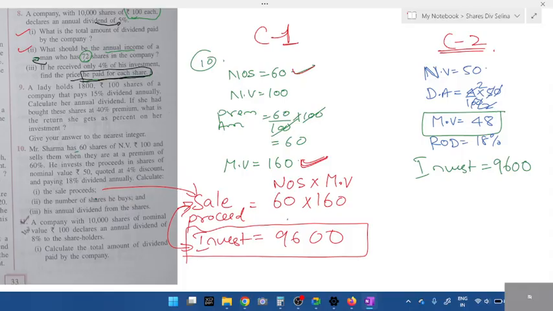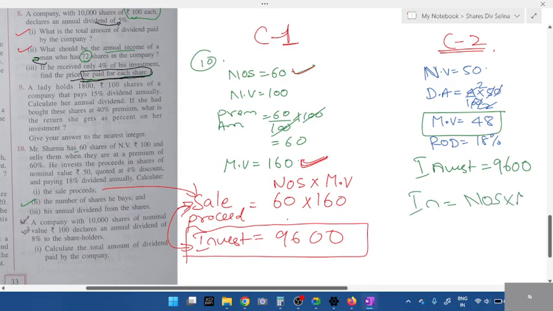That's the main concept here. If you know that, this is very easy. Till here you'll have done. What's the second question asked? Number of shares he buys. If investment is given, how do you find number of shares? Using market value. Can you see market value? We have to use this. Also find rate of dividend. Can you see annual dividend is asked?